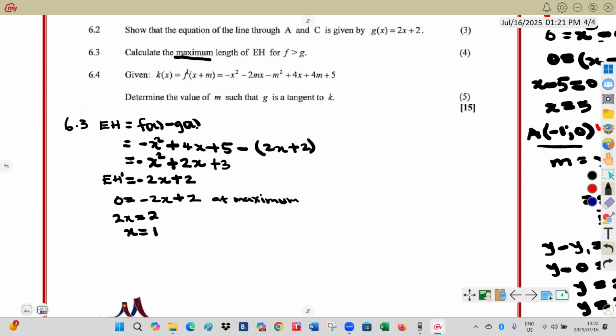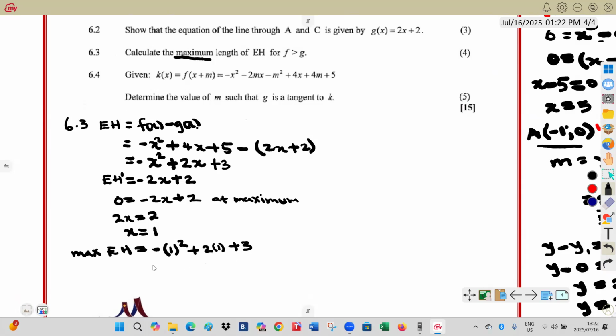But the question did not want the value of x. It wants the maximum length. So eventually, maximum EH will be equal to, we substitute that value of x, which is 1. So it's going to be minus 1 squared plus 2 times 1 plus 3.